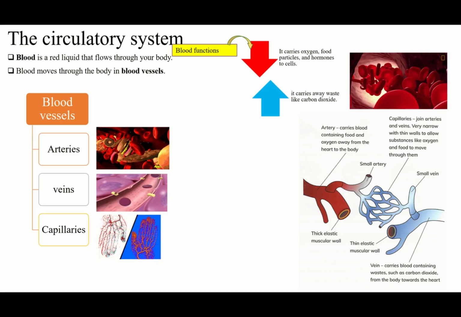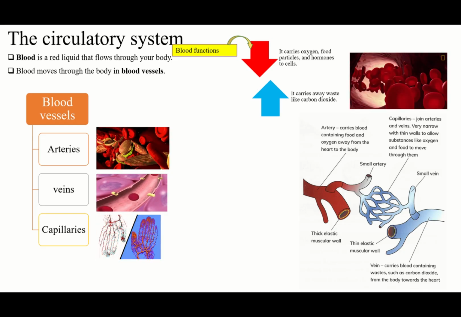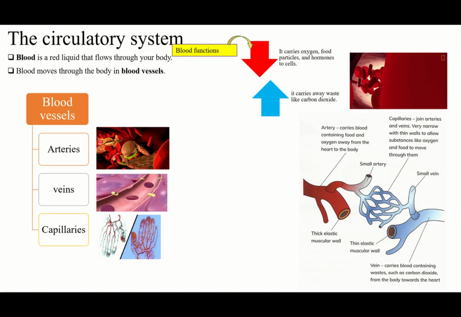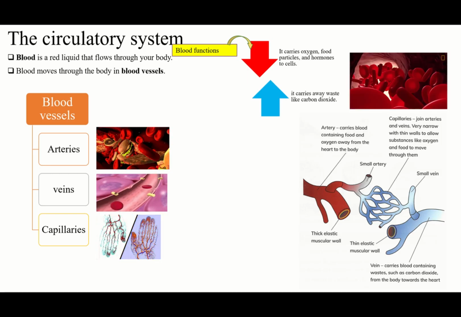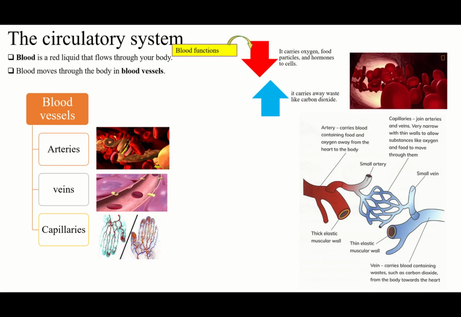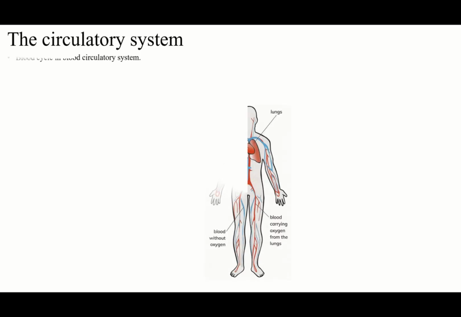So let's see how blood moves through the body, from the heart to the organs and coming back. As you see, here is the blood cycle in the circulation. Here is the heart and the veins and also the arteries.